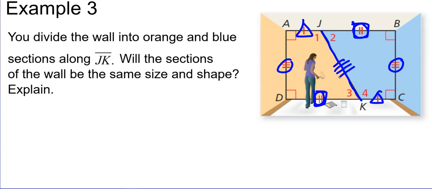Okay, so let's see what we have here. We know that AB and DC are parallel. We know that by the lines perpendicular to a transversal theorem, which we learned previously.